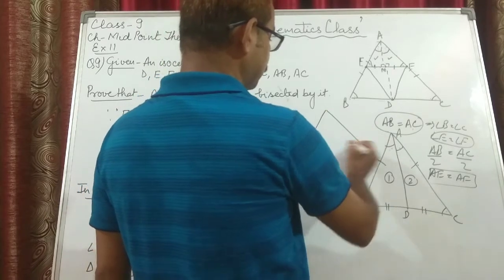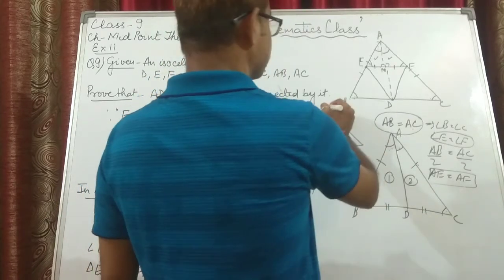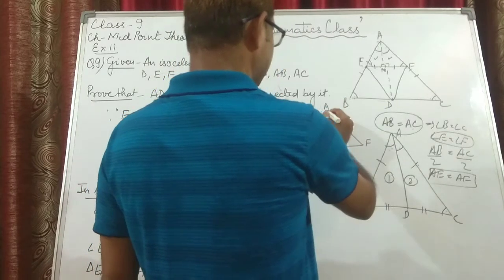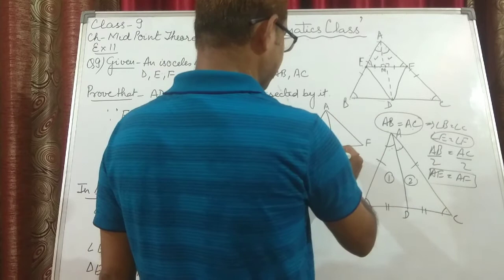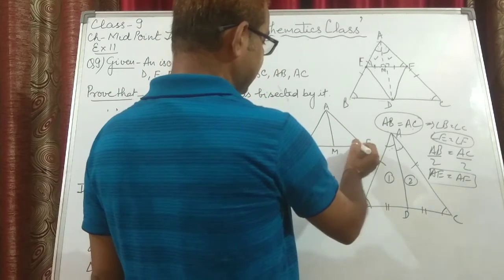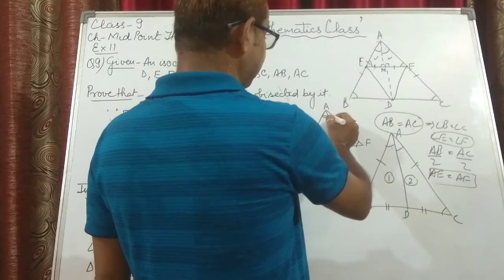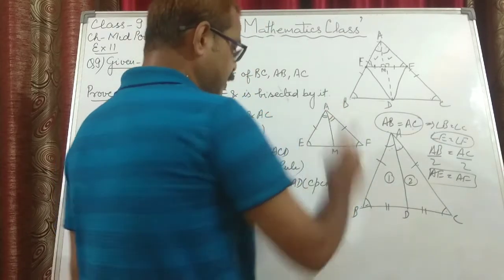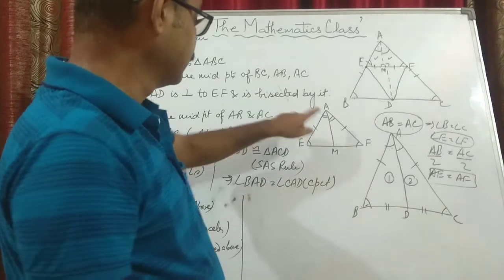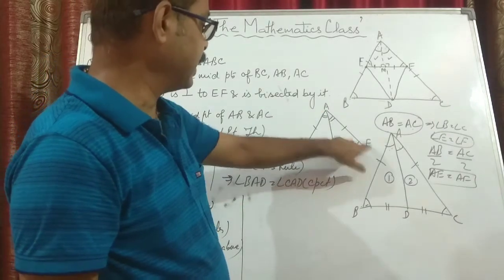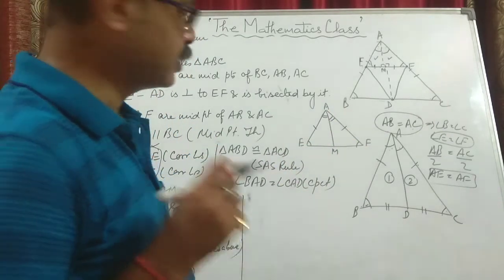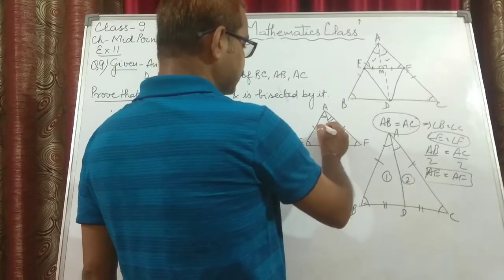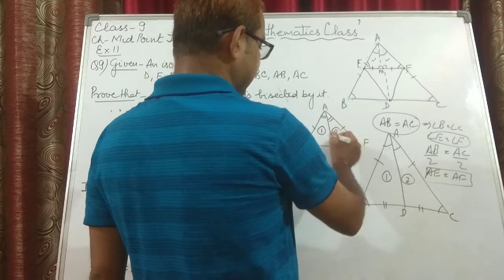When these two triangles are equal, now when we see at this one, we have already proved that this was A, E, F, M. We have proved this angle and this angle equal, this angle and this angle equal, this side and this side equal. When triangle EAM and FAM have been proved congruent, it means all the 6 elements of first triangle are equal to the corresponding 6 elements of second triangle.